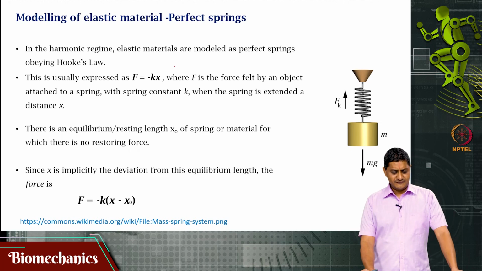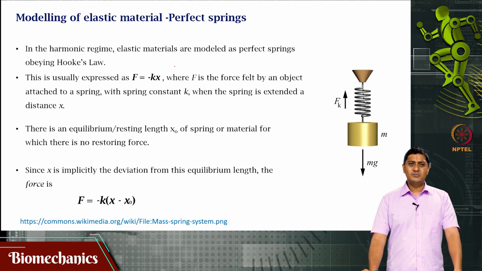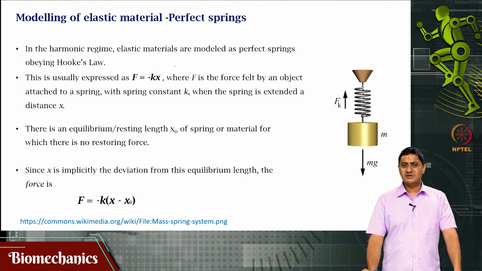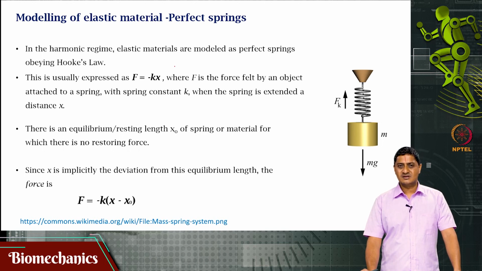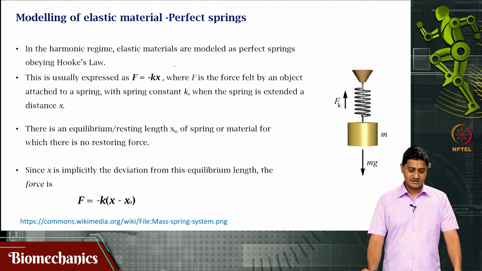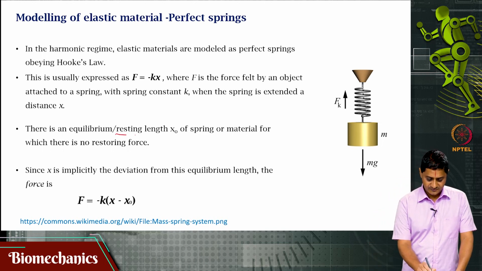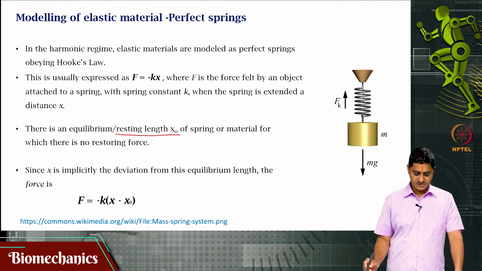Also remember, there is a particular point at which the spring does not develop a restoring force, or does not respond. This length at which the spring does not develop a restoring force is called the resting length or equilibrium length, x naught.